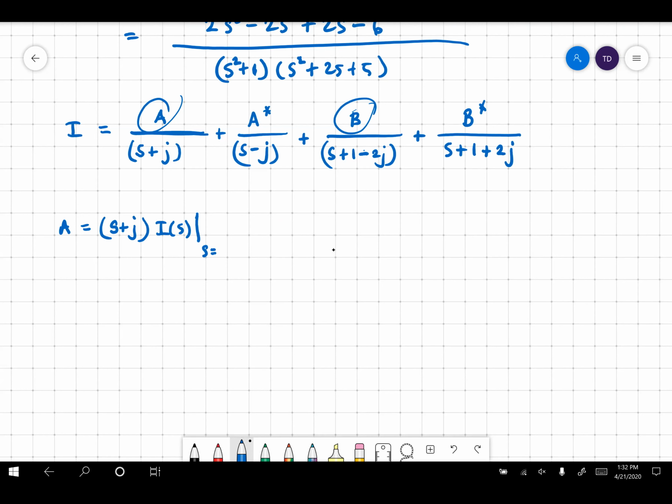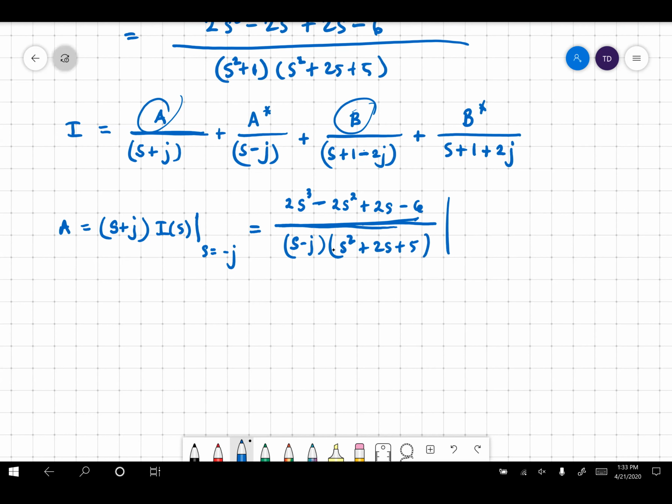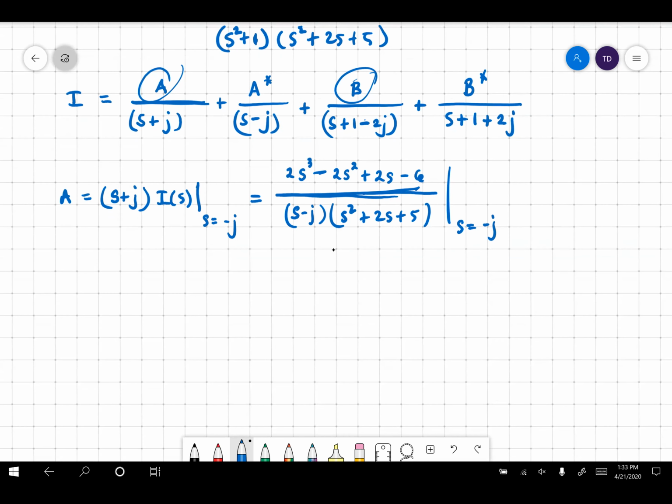Evaluated when S equals minus J. So that's equal to that ugly numerator, 2S cubed minus 2S squared plus 2S minus 6, divided by S minus J, and then here, no need to break it out, just leave it S squared plus 2S plus 5. All evaluated when S equals minus J. That won't be too bad because minus J is not such a bad number. We can deal with that.